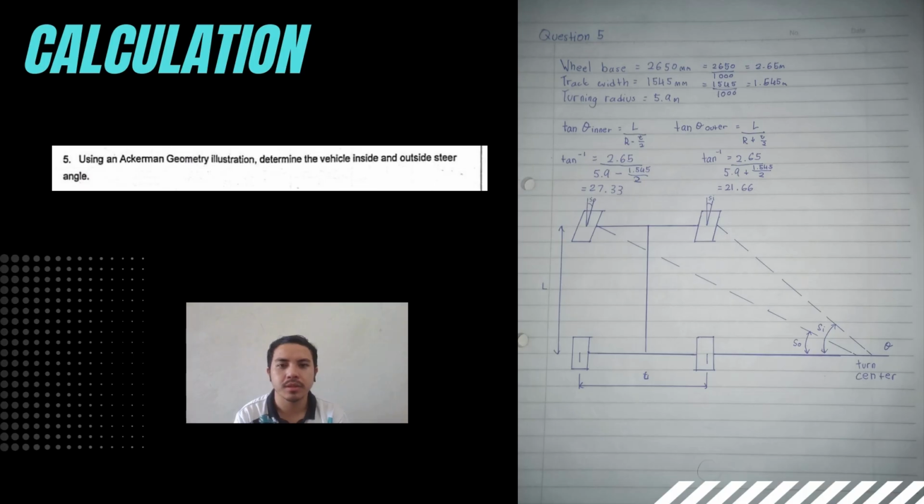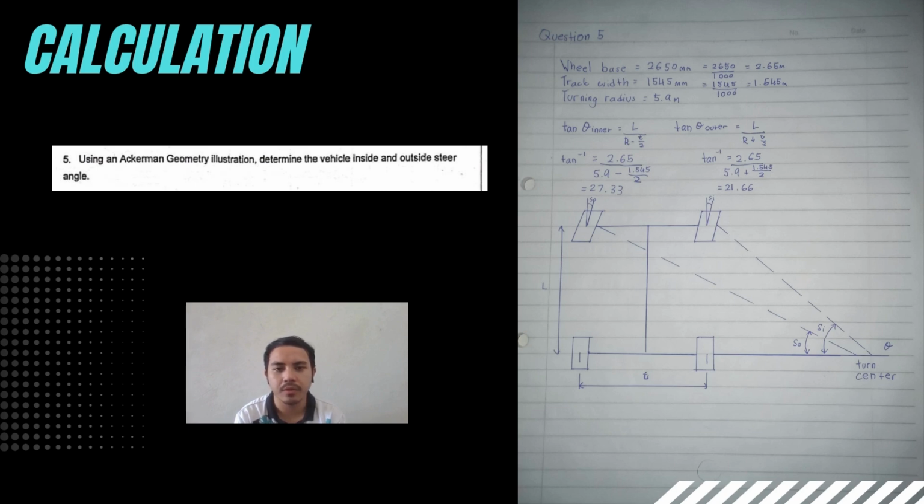Next, I will explain question number 5. This is the calculation that I have done to determine the vehicle inside and outside steer angle using Ackermann geometry illustration. As you can see, the formula I used to find the inside is tan theta equals L per (R minus T per 2).